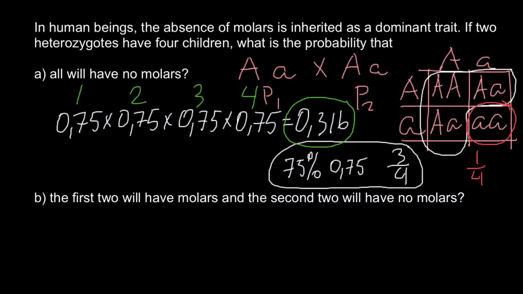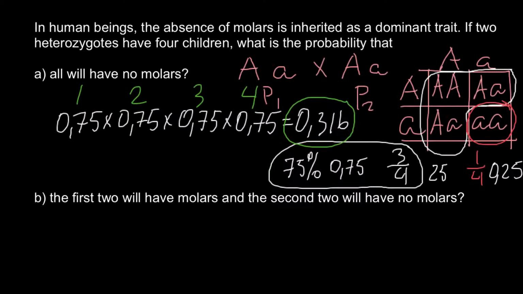So what is the probability that the first child would have morals? Once again, according to our Punnett square, the probability is 1/4, or we also can say that this is 0.25, or 25%.